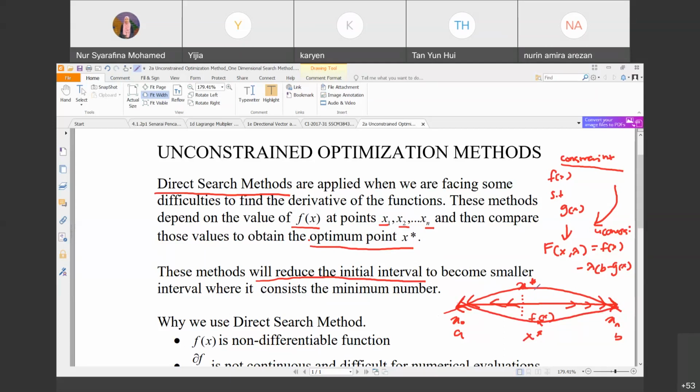Understand? That is how we find the solution for the direct search method in solving the unconstrained optimization. Clear?